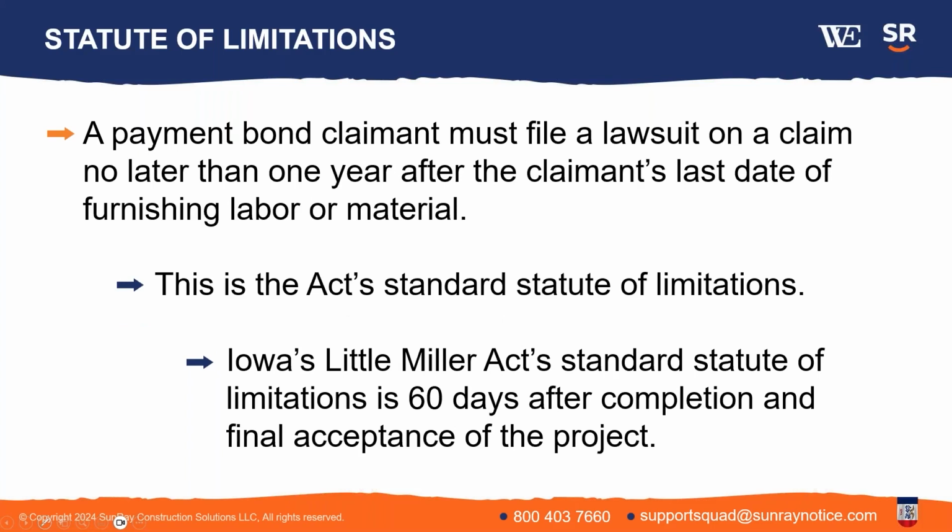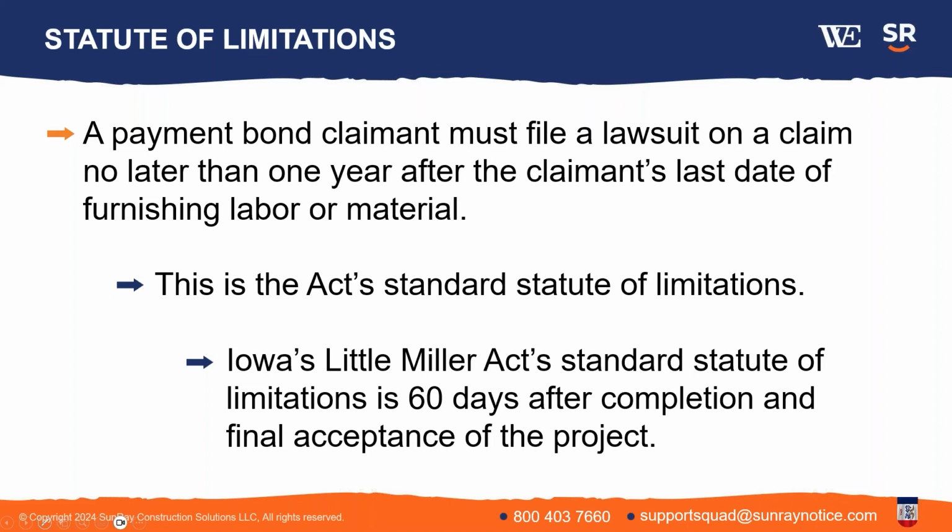Now, the regular statute of limitations under the Miller Act is 1 year after the claimant's last date of furnishing labor or material. Again, there can often be disputes on what was the last date of furnishing labor or materials, and you have to look at the cases on it. That's important because if a court determines that the last date is earlier than what a claimant says it was, that could result in an untimely lawsuit if the lawsuit is filed close to that date.